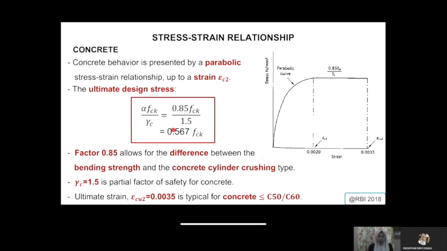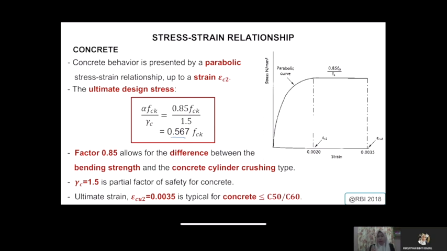which is 1.5, and then we have 0.85. When you divide 0.85 by 1.5, you get 0.567. The factor 0.85 allows for the difference between the bending strength and the concrete cylinder crushing test, because they are not exactly the same.